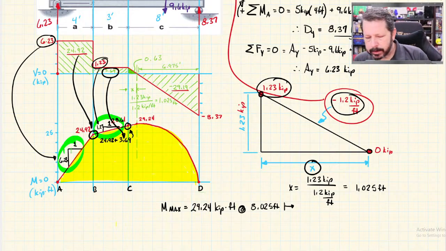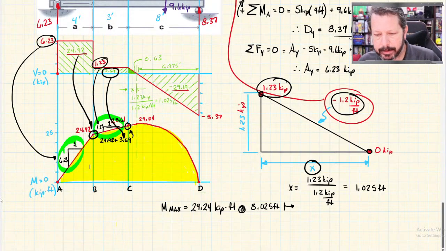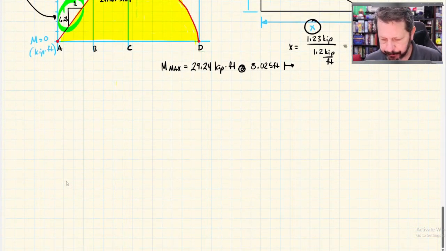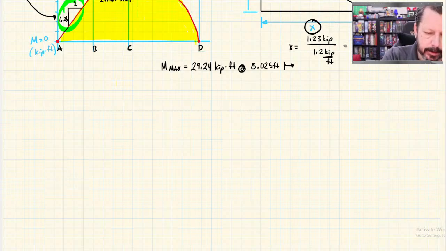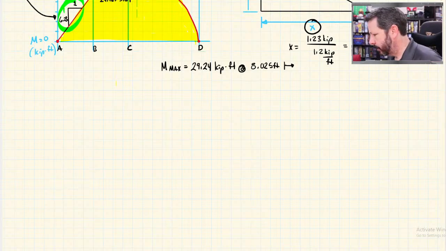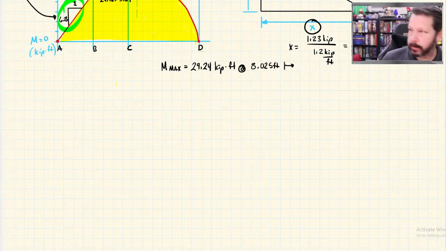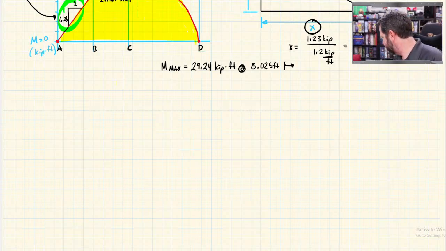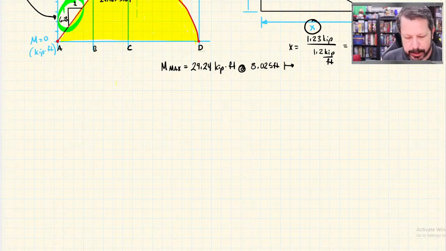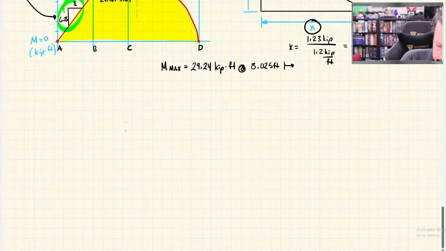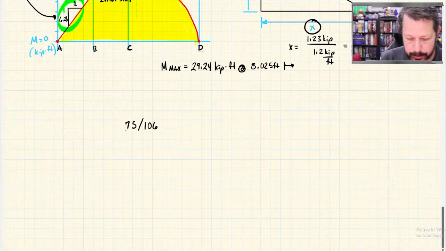So exam 1, I don't know how it shows your score. So let me give you some numbers. Where's my calculator? I just need my calculator. I don't know what I did with it. Here it is. All right. So let's say on exam 1, you scored a 75 out of 106. That's your score. I had 106 points available on exam 1.